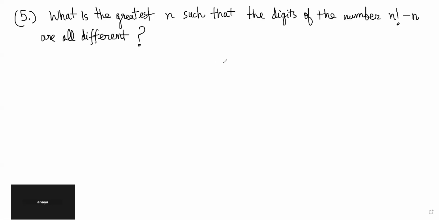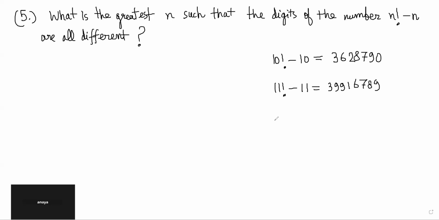I will give you some information here to make your job easier. So, for example, 10 factorial minus 10 has the value 3628790. 11 factorial minus 11 is equal to 39916789.